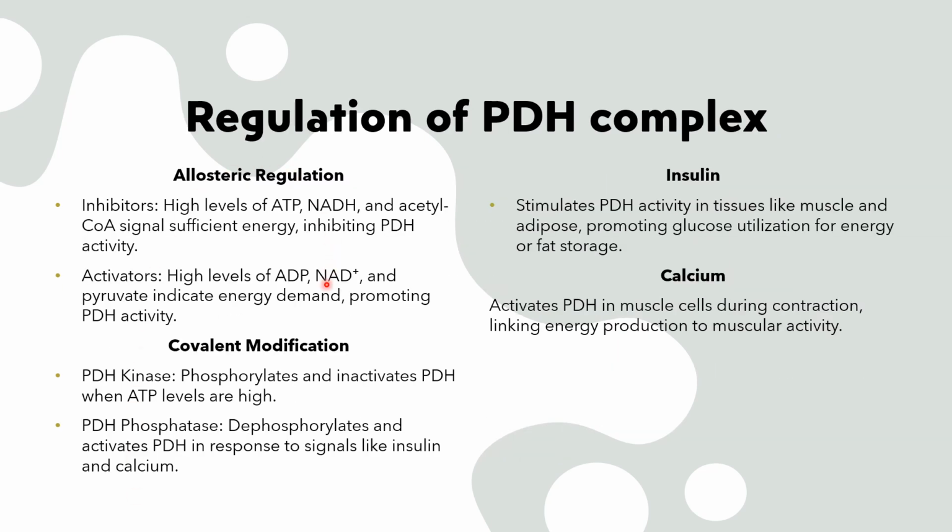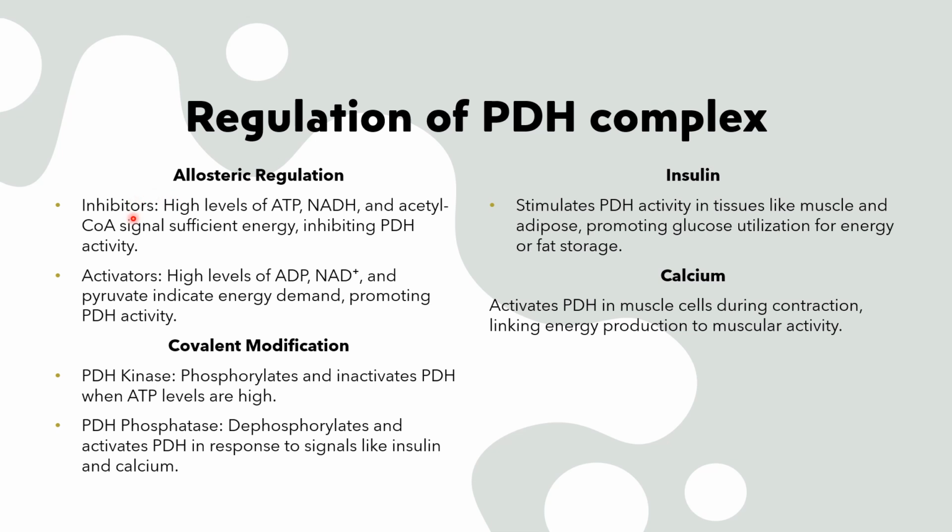So how is the pyruvate dehydrogenase complex regulated? We can think about it in 4 ways. So first we have the allosteric regulation, and we mentioned yesterday an allosteric enzyme has multiple subunits and has several binding sites in addition to the active site. So we have inhibitors of the pyruvate dehydrogenase complex. For example, because pyruvate dehydrogenase serves to produce energy, high energy levels indicated by ATP, NADH, and acetyl-CoA will inhibit the pyruvate dehydrogenase activity.